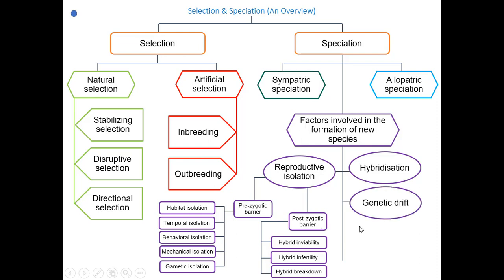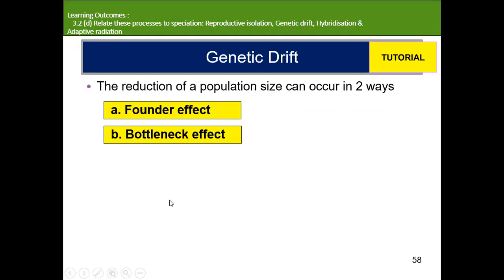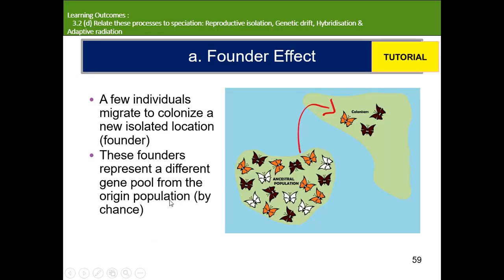Next factor is genetic drift, which consists of the founder effect and the bottleneck effect. What is the founder effect? A few individuals migrate to colonize a new isolated location.